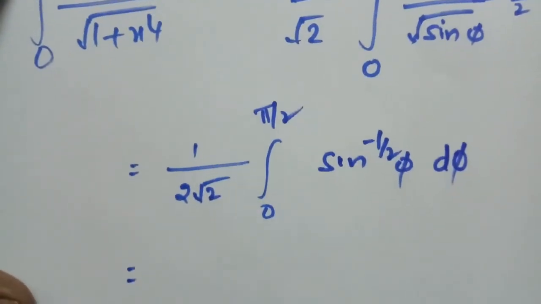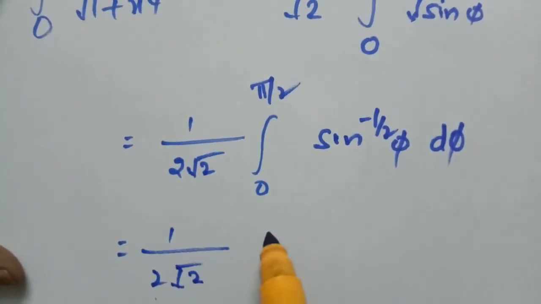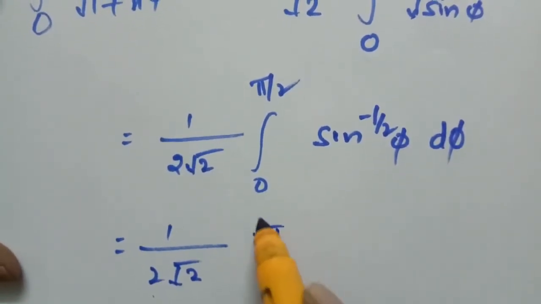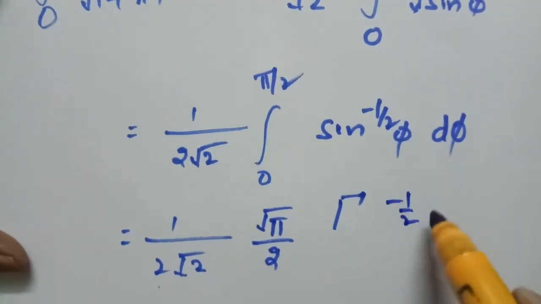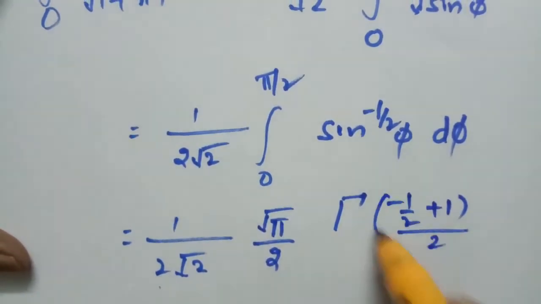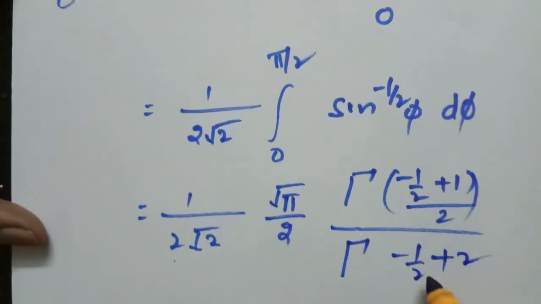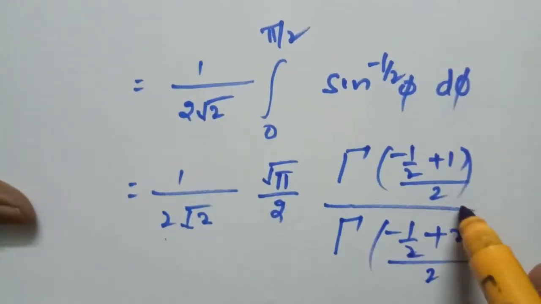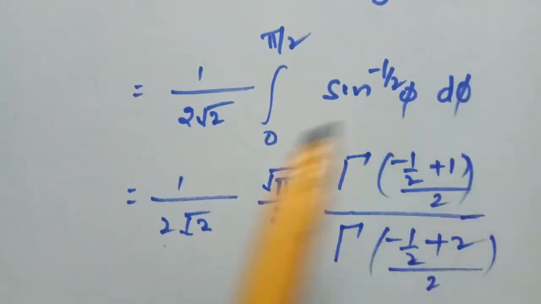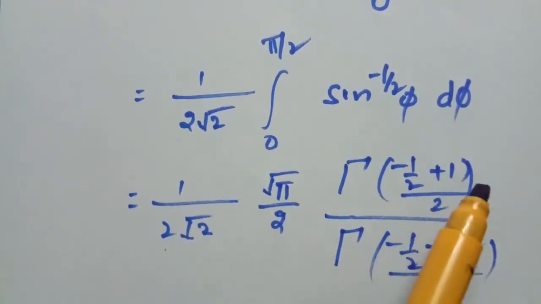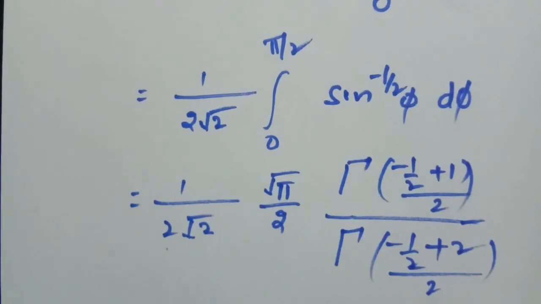We know the formula, which we already proved earlier: integral 0 to pi by 2 sin to the power n x dx is equal to square root of pi by 2 into gamma of (n plus 1) by 2 by gamma of (n plus 2) by 2, where here n is equal to minus 1 by 2.